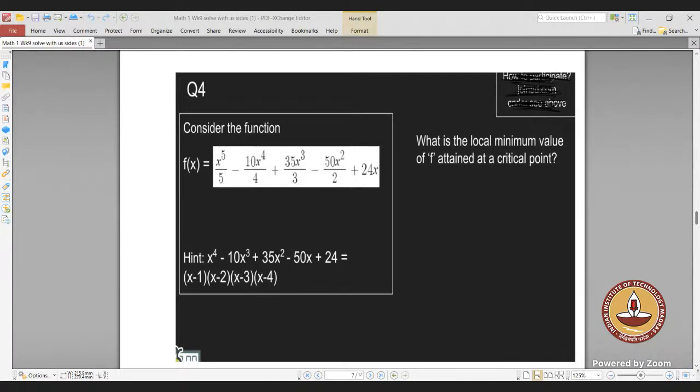So the least value of the double derivative amongst them, will the value of f also be the least for that critical point? So basically what you have to do is substitute the value of x in the main equation and check at which value the function is the least.